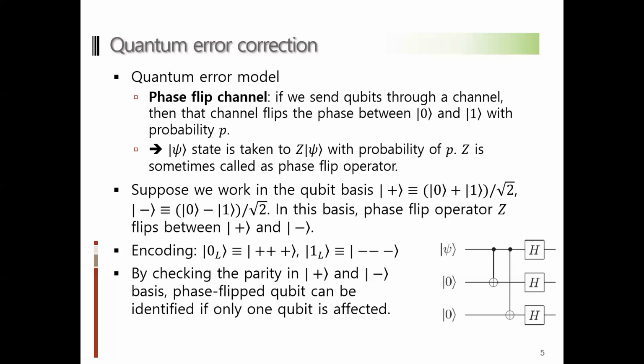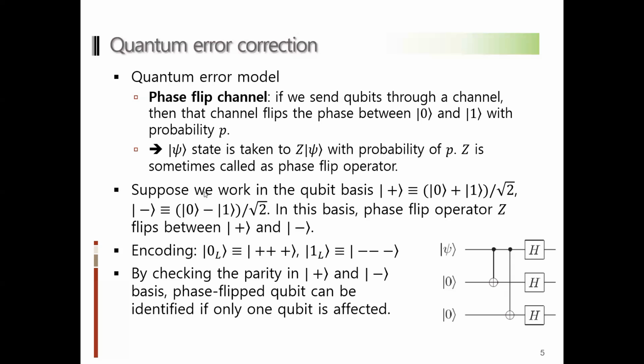I asked you this kind of question in one of the previous lectures, and the answer was basically to change to a different basis, like the plus-minus basis, which is defined in this way. The 0 and 1 are generally called the computational basis, while these bases I just defined are plus and minus.